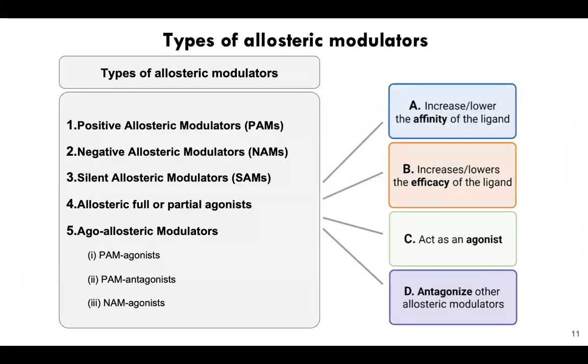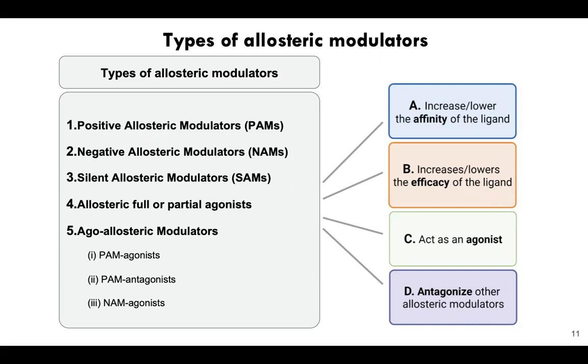So we've categorized the types of allosteric modulators, if we can categorize them somehow. I tried really hard. I hope this doesn't omit any classes. Positive allosteric modulators or PAMs, we've heard also from Brian. Negative allosteric modulators or NAMs. Silent allosteric modulators, and I will go through each of the categories to explain what they do.